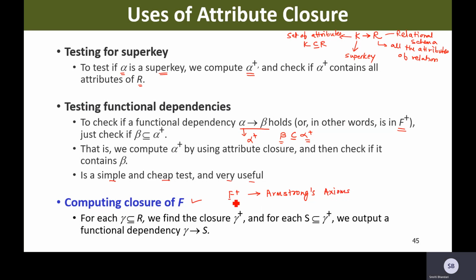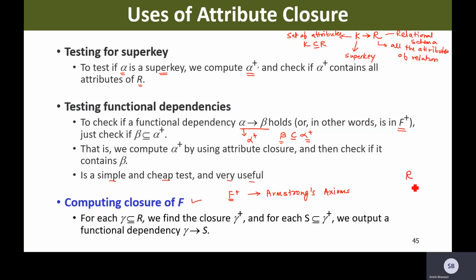To compute F plus, here we have an alternative way to compute the closure of the set of functional dependencies F plus. So what are we going to do? Suppose R is our relation schema.